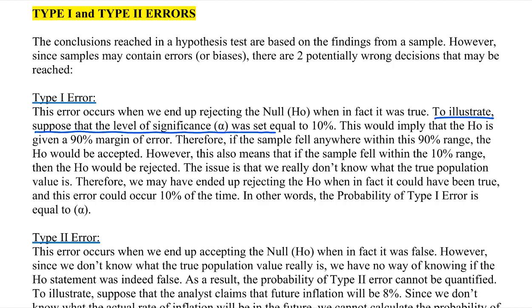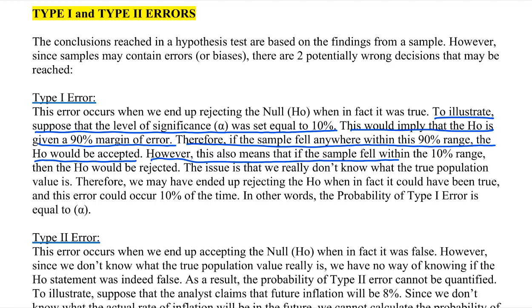Let's do an illustration. Suppose that the level of significance was set equal to 10%. So this would imply that the null is given a 90% margin of error. Therefore, if the sample fell anywhere within the 90% range, the null would be accepted. However, this also means that if the sample fell within the 10% range, then the null would be rejected. So if I could just draw a little distribution here, very quickly.